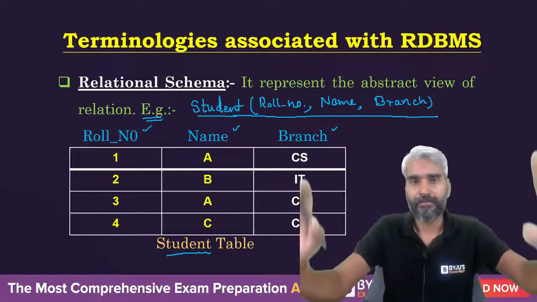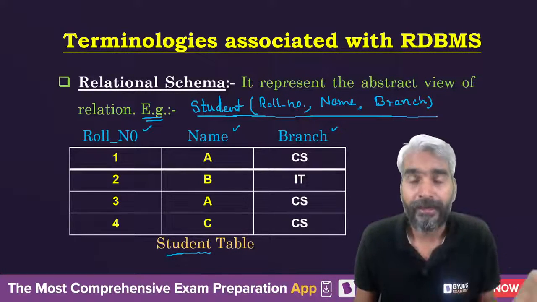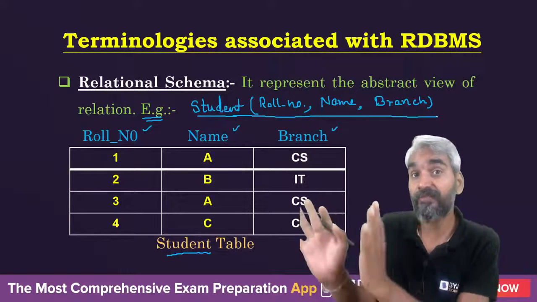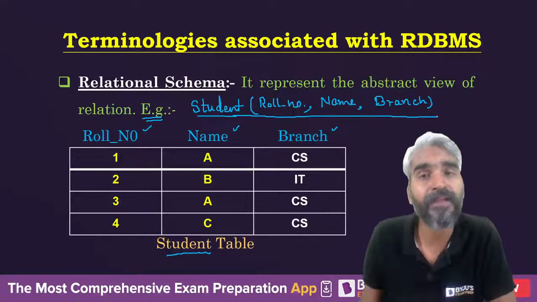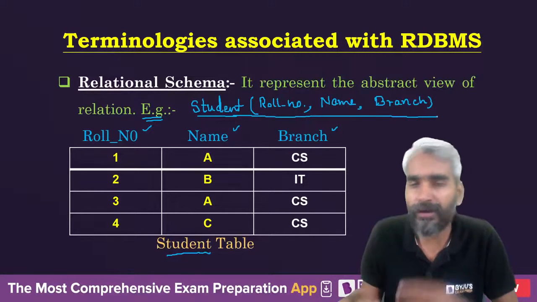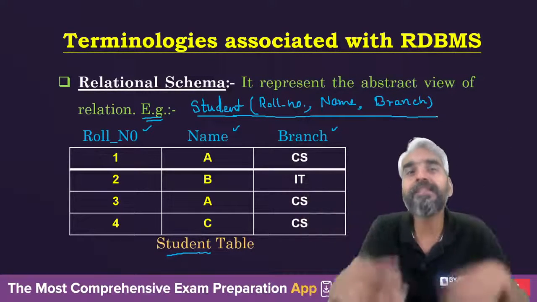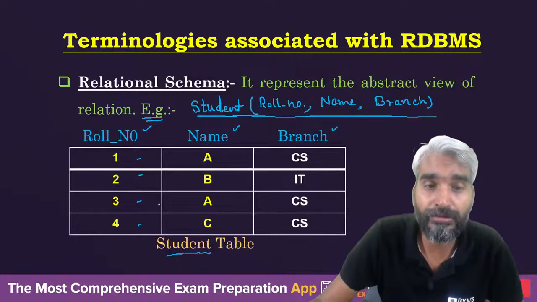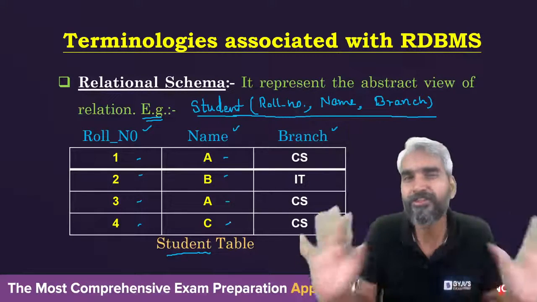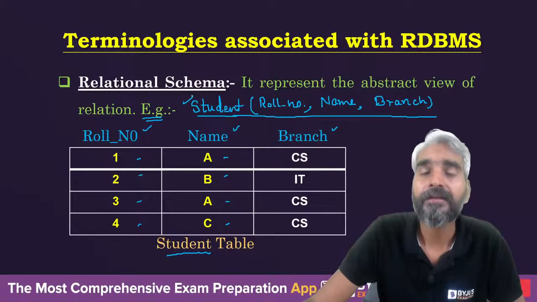You will know that in the database there will be a table whose name is student, and that table consists of 3 different fields or attributes: roll number, name, and branch. You may not know the internal values, that is, what values are available in that relation, but you will have an idea of the structure.